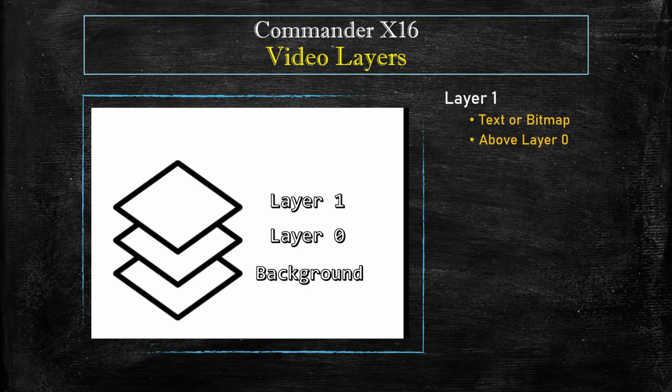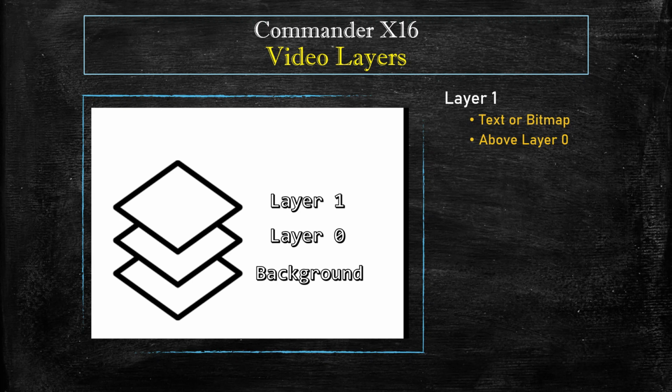Now, one thing to take note of is there is, as we will be seeing later, a transparent color that we can use. So any areas that are transparent will show through whatever images or colors are located on the layer below them. So for example, if we have a layer 0 image where part of it is transparent, then those transparent areas will show whatever color is on the background, because the background is positioned below layer 0.